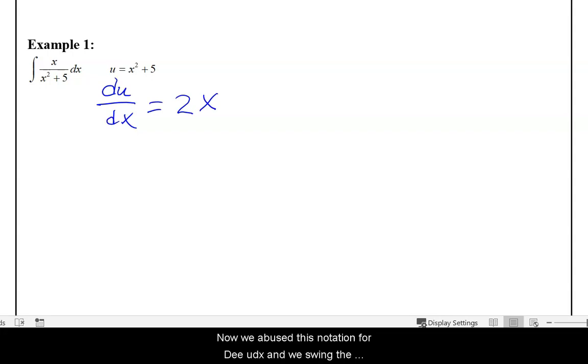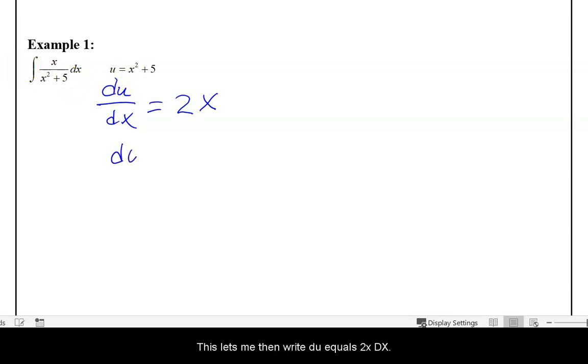Now we abuse this notation for du dx, and we swing the differential dx to the opposite side so that we can isolate the differential du. We're trying to get the dx that's in the original integral out and replace it with du. This lets me then write du equals 2x dx.